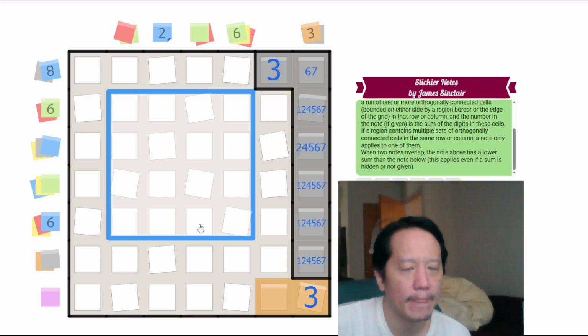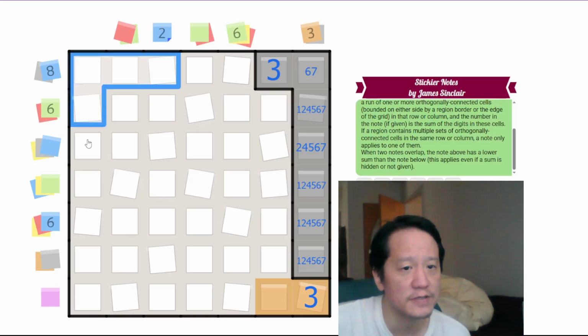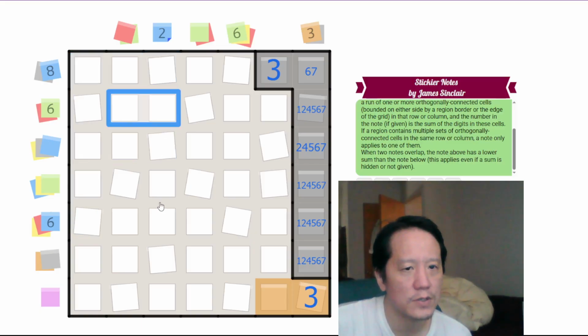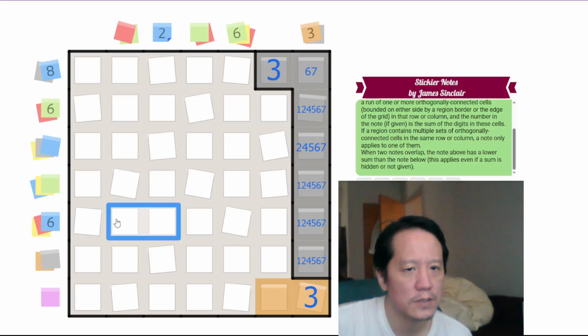I mean, it could have 0 if it's this way, right? Otherwise, if we try to have a 2 here, I mean, we could. It's problematic, though.